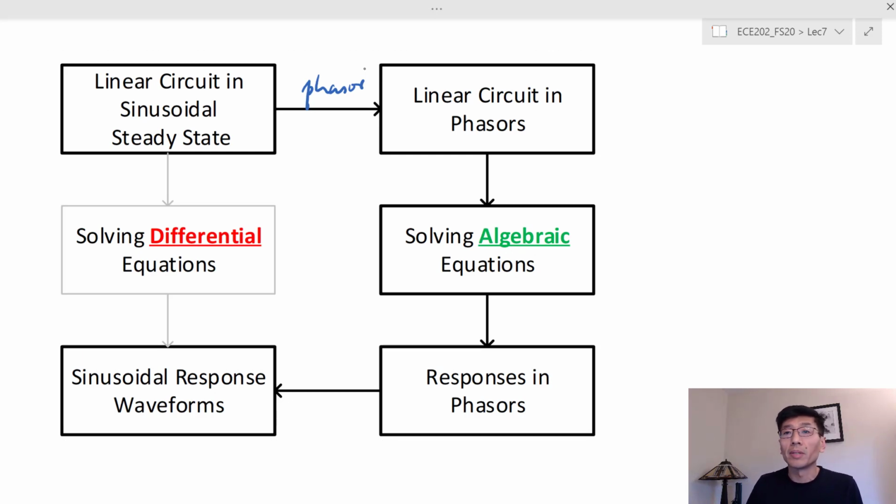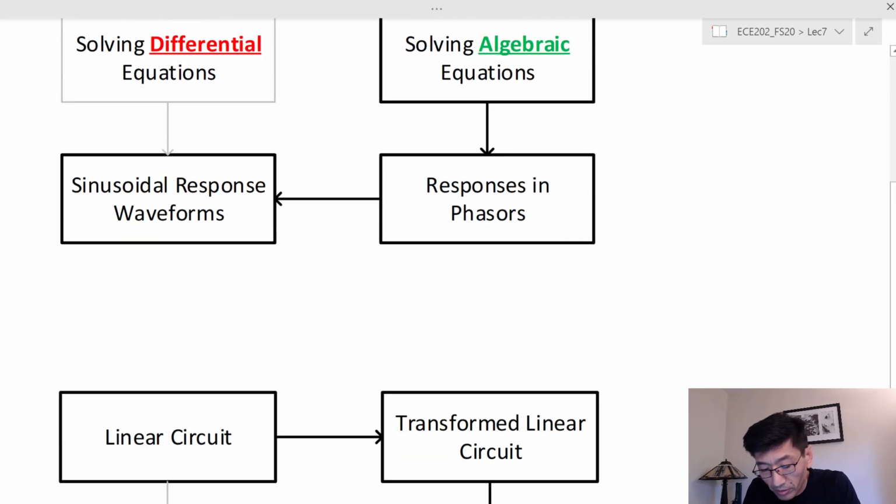Those algebraic equations would be complex because they involve j's, impedances, and phasors, right? And you get the responses in phasors, and then you can come back to the time domain by going back to the sinusoidal, right? That's what we did with phasors, but they only apply to sinusoidal and steady state.